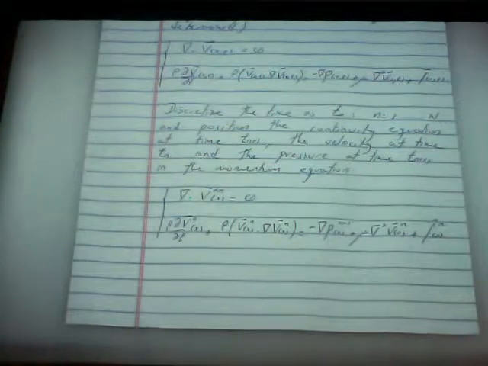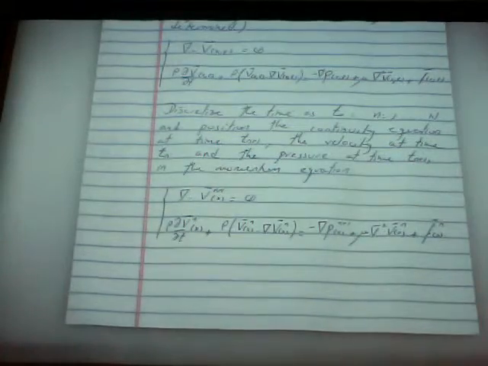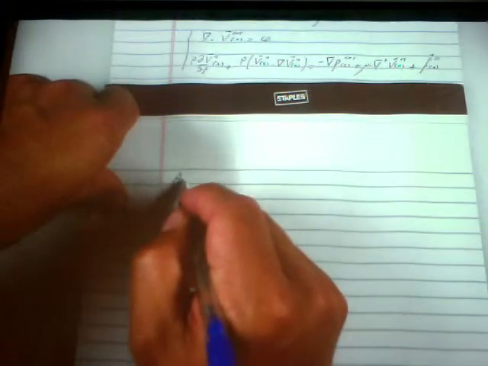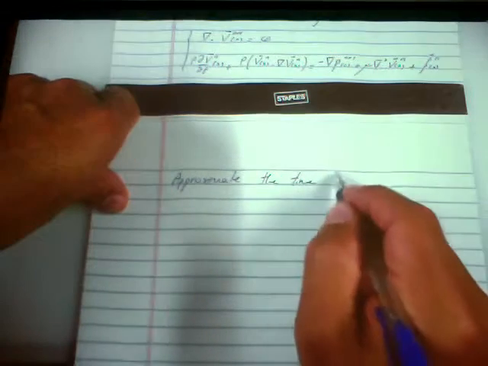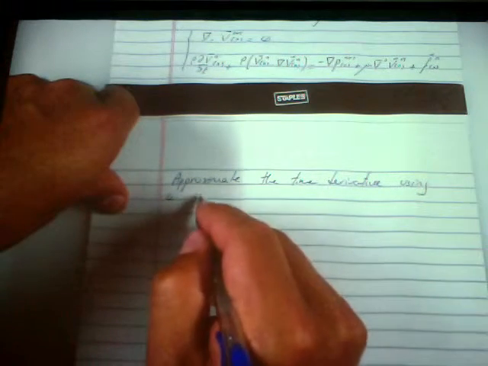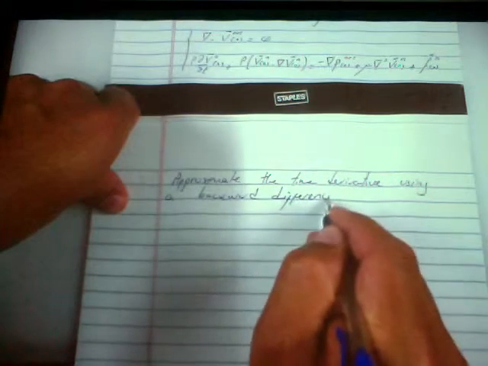So we're going to do next what we usually do, which is take that time derivative here and approximate it using a backward differencing scheme.